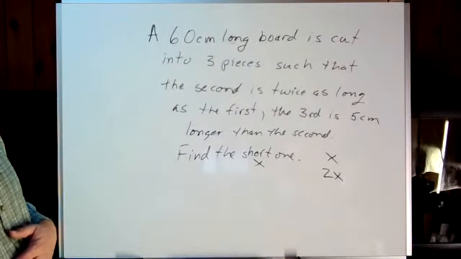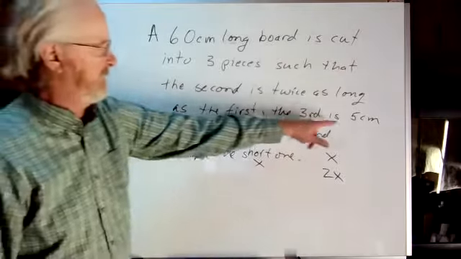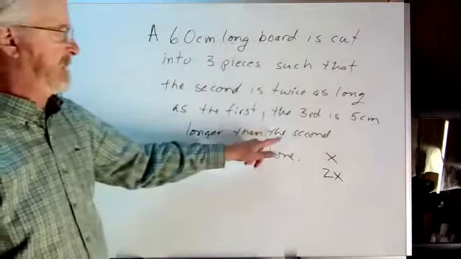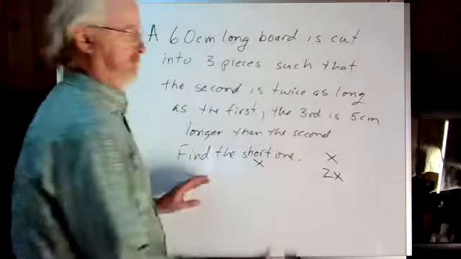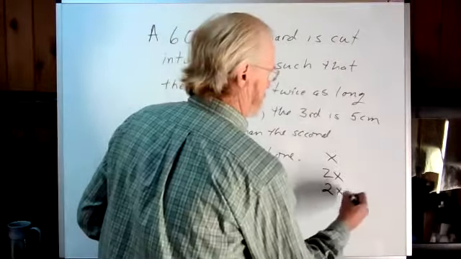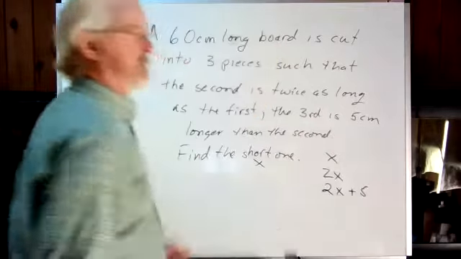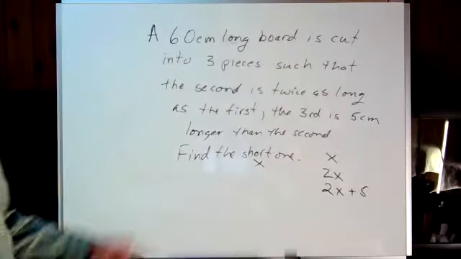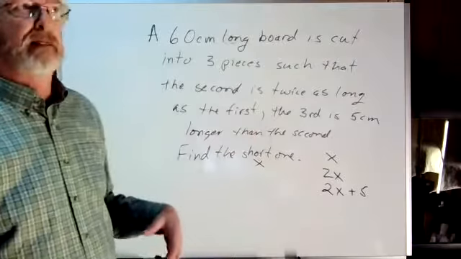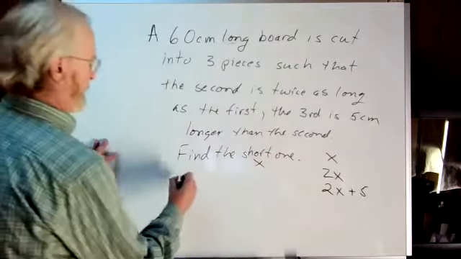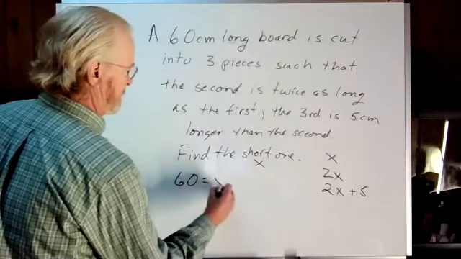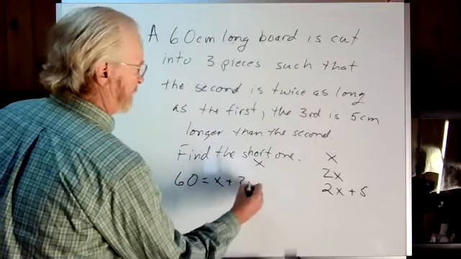And then the third is 5 centimeters longer than the second, so 5 more than this. Now there are 3 expressions, all in terms of each other, that describe the 3 different pieces. And they're all supposed to add up to 60. So add all 3 expressions together.